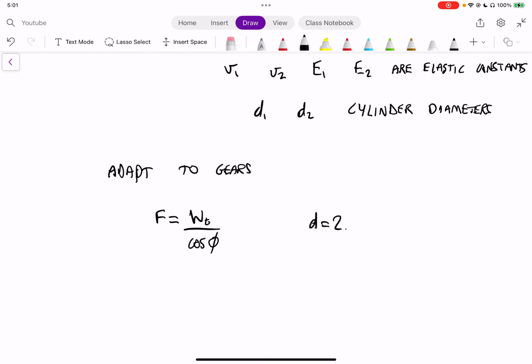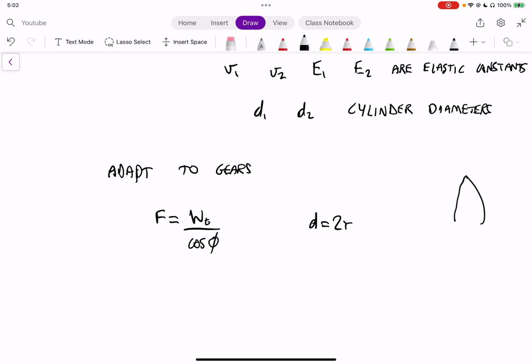d is going to be equal to 2r. Okay, so that's just rearranging into radii instead. And we'll talk a little bit about the radii themselves, because the radii are going to be instantaneous values of radii. So the diameter, since we have a gear tooth, the gear tooth does not have a diameter.